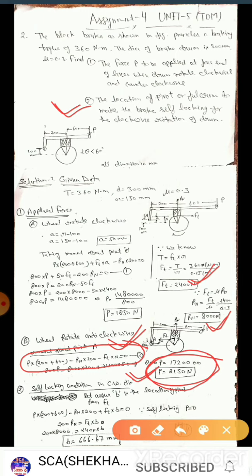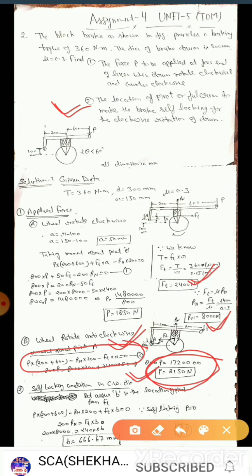In this determination, we find the location of the pivot or fulcrum to make the brake self-locking. We also know the condition of self-locking: the applied pressure force is 0 or may be negative. So in this case, we assume P is equal to 0.